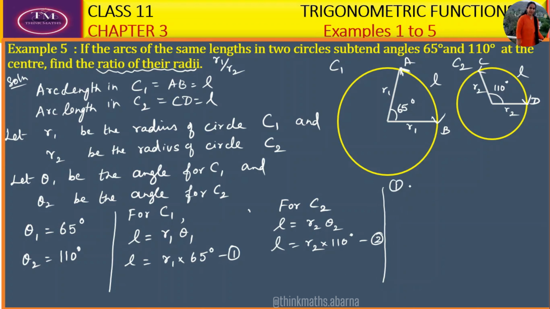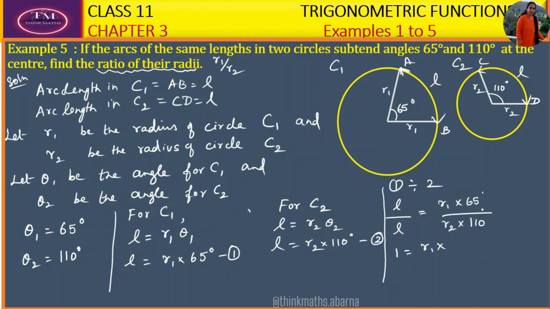What we have is L equal to R1 into 65 divided by R2 into 110 degree. So this L gets cancelled and we will have 1 equal to R1 into 65 over R2 into 110, and 65 and 110 can be cancelled in the 5 table.